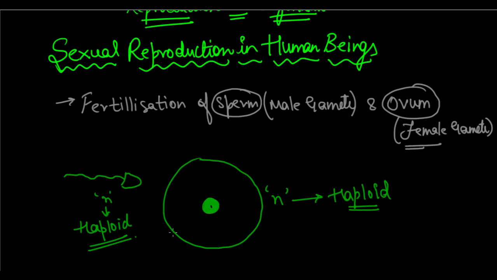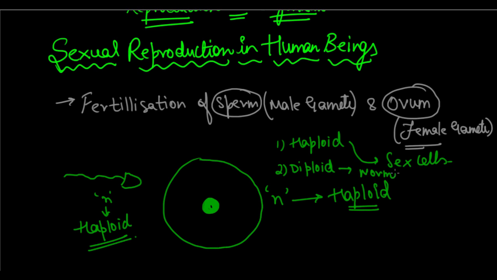Haploid cell is a cell which contains half the number of normal chromosomes, and I've discussed this in my series on cell division, that there are two kinds of cells. There is a haploid cell which has only half the number of chromosomes, and haploid cells are mainly the sex cells or the gametes, right? And there is a second form of cell which is called diploid cell, which is the normal cell.